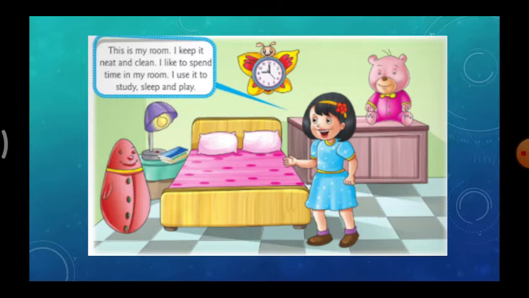We have to maintain the cleanness and the room should be neat. So what are the purposes we use our room? For studying, for sleeping, for playing, right? So like that she is also doing in her room.